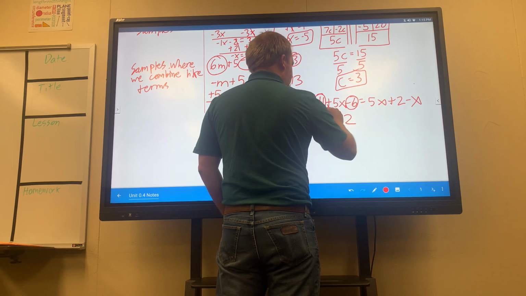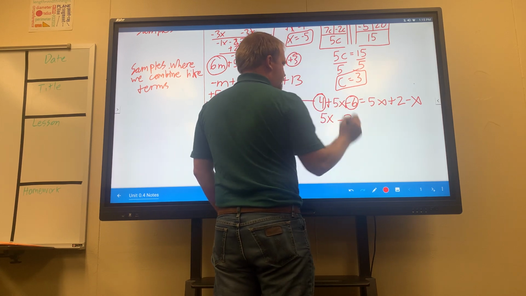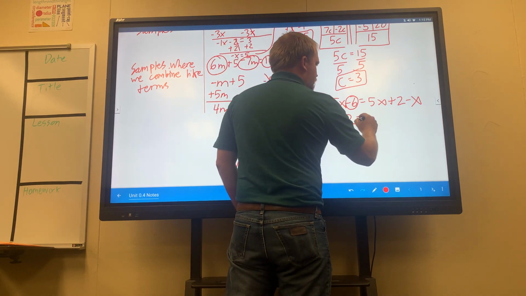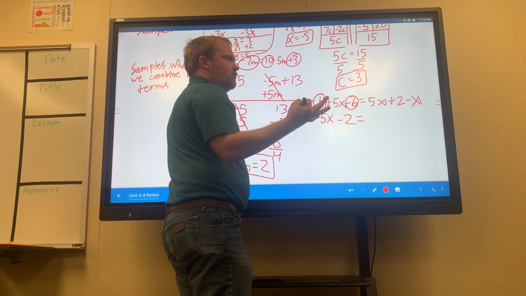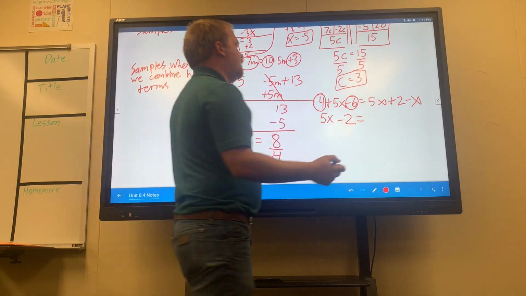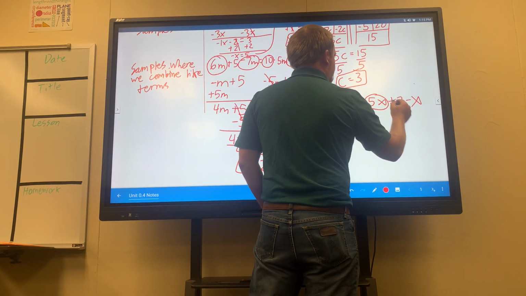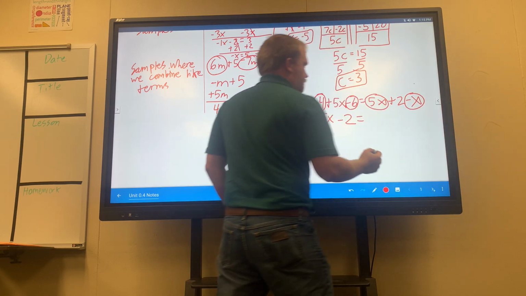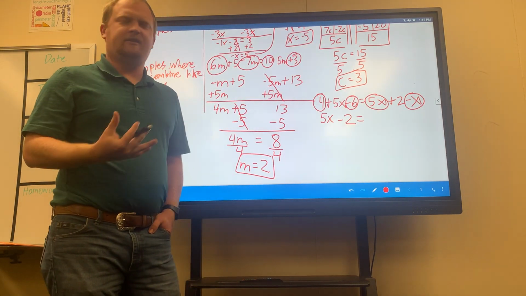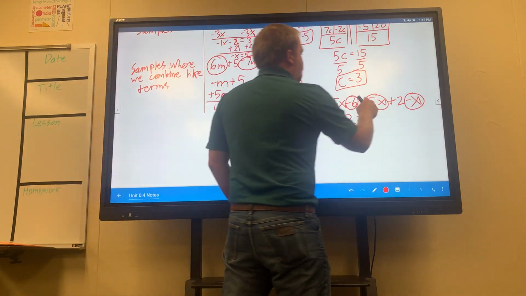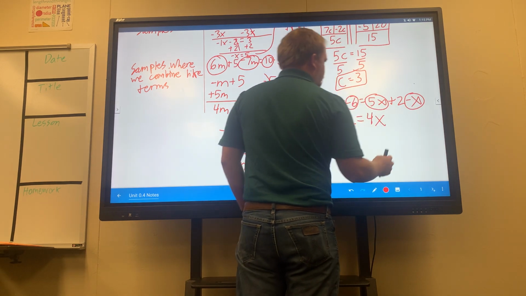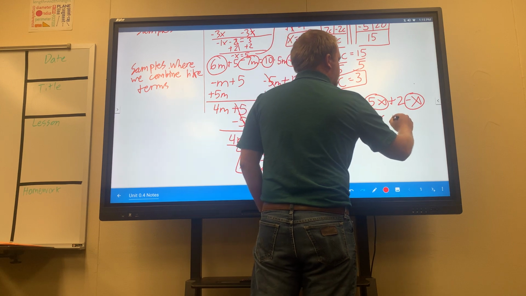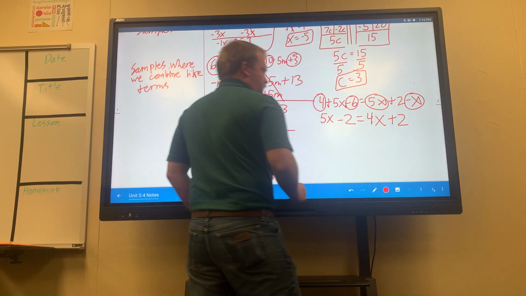I don't do anything with the 5x, so I just leave it be. On the right side, between the three terms, I'm combining the first term and the third term because they both are x's. So 5x minus x gives me 4x. I don't do anything with the 2, so I bring it down.